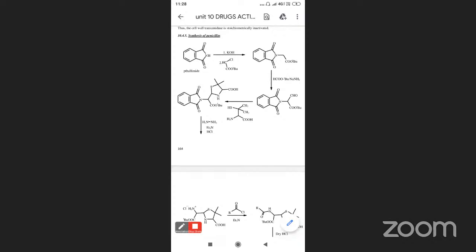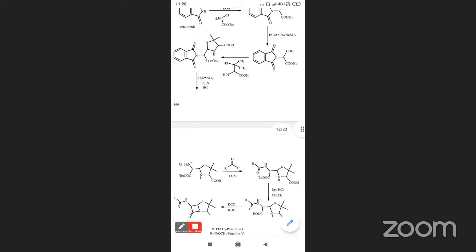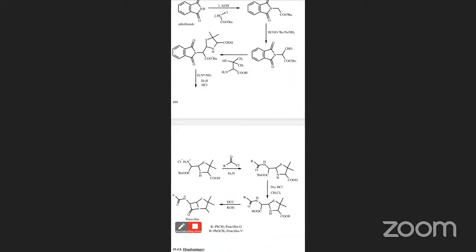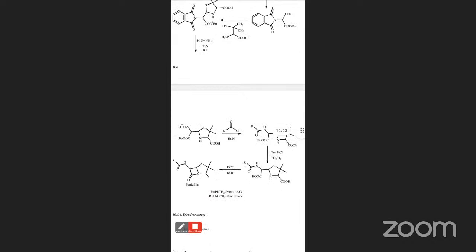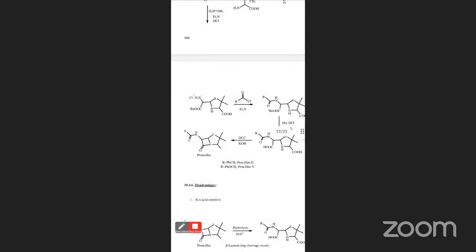Then the side chain substitution, where the thioalcohol attacks this formyl group, and we get the thiazolidine ring. Then by treating with the diamine in the presence of triethylamine and acid, we get this intermediate compound.